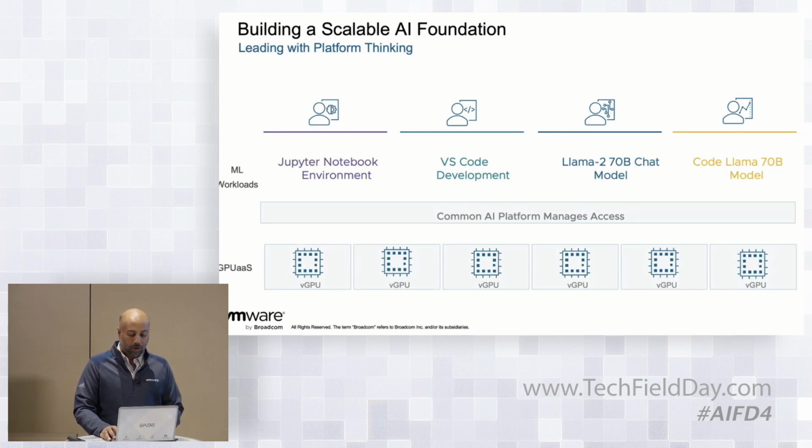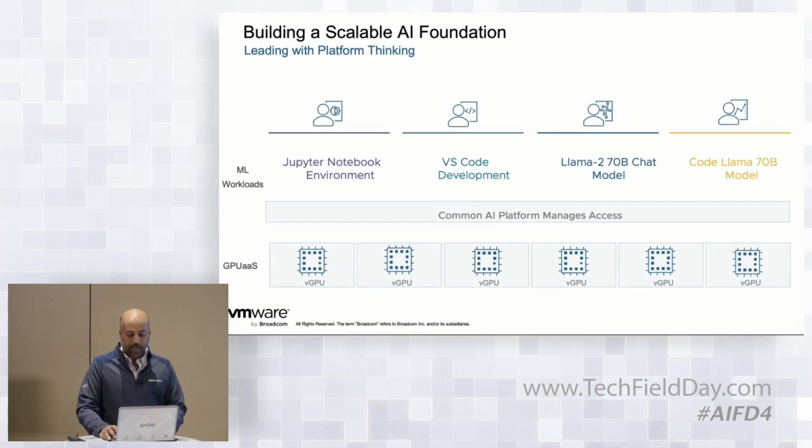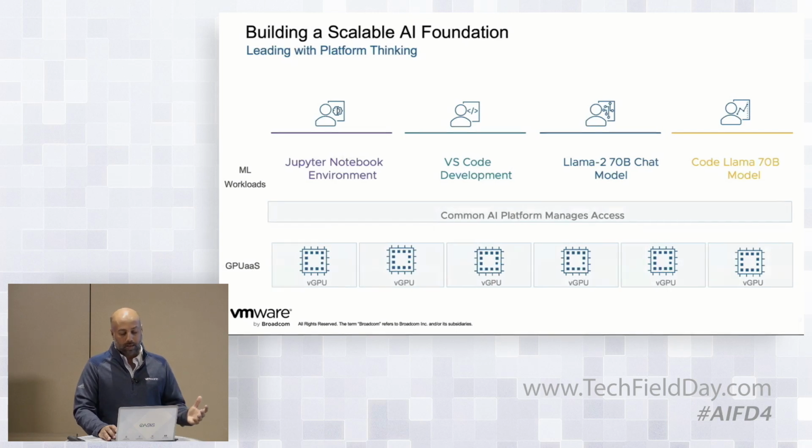So this is what the platform looks like. We've created a GPU pool resource so that these GPUs are not being hijacked by any one user. As soon as a user is done, the GPU gets put back into the pool. And all these environments that we talked about, the developer environment, the coding use cases, and the large language model APIs, it's all running on top of this common platform.